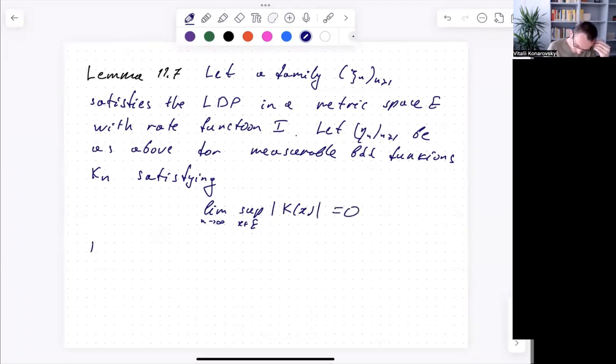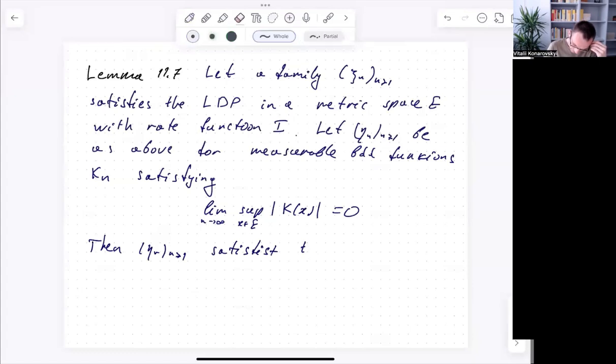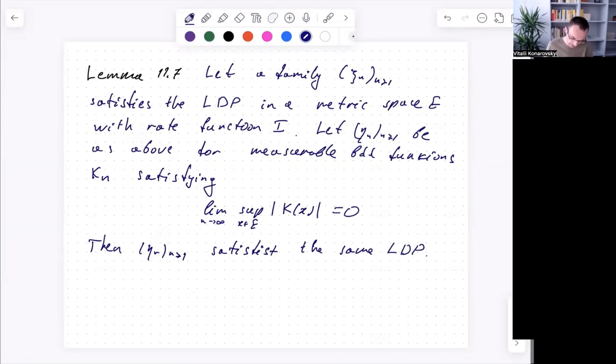Then the family eta n satisfies the same large deviation principle. It means that it satisfies the large deviation principle in space E with rate function I.